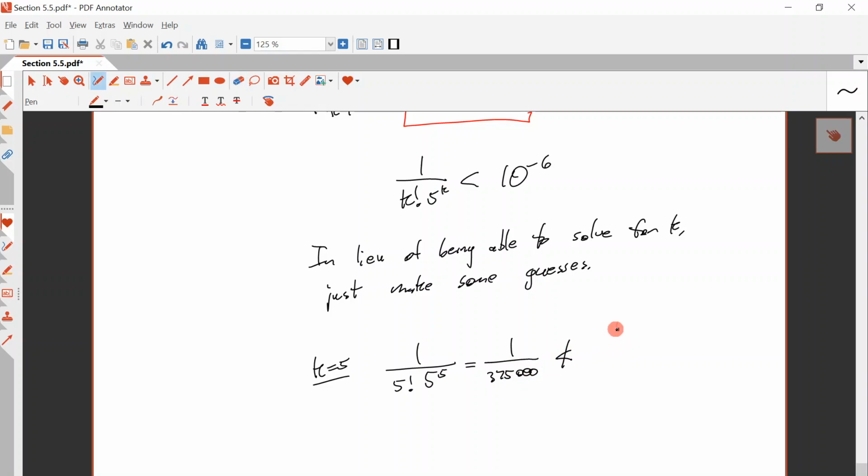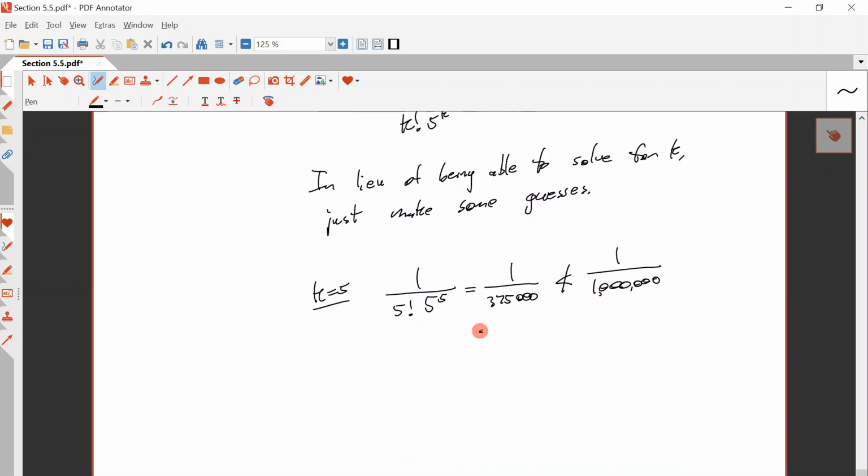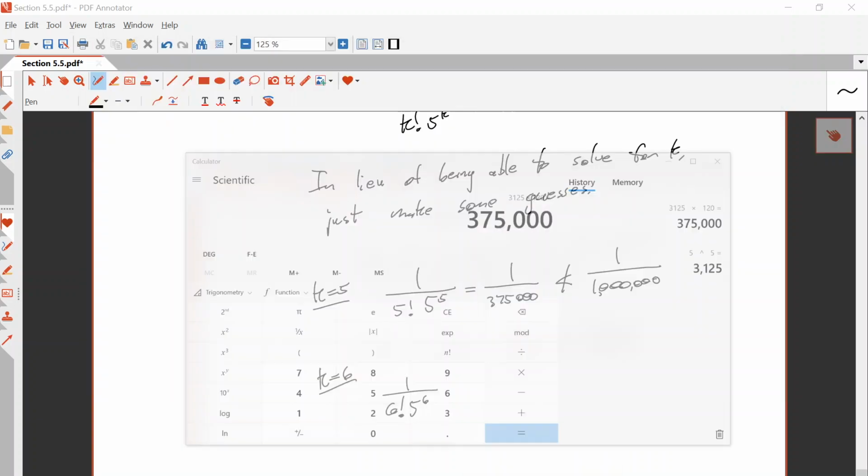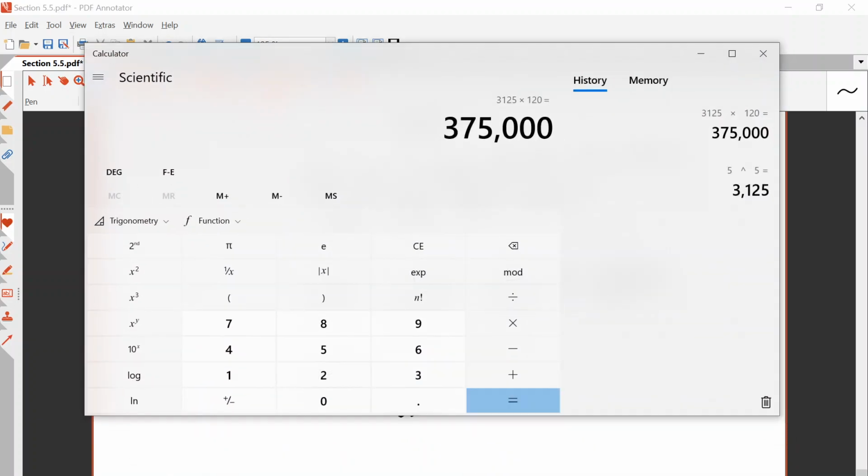Right, which is not less than 1 over 1,000,000. Alright, so we got to go up one more. k equal to 6. So 1 over 6 factorial 5 to the 6. I believe that's going to do it.